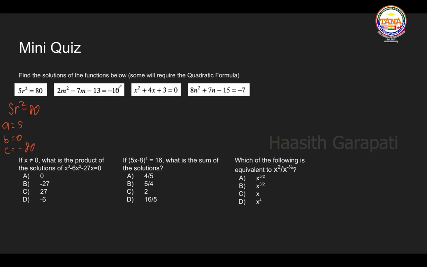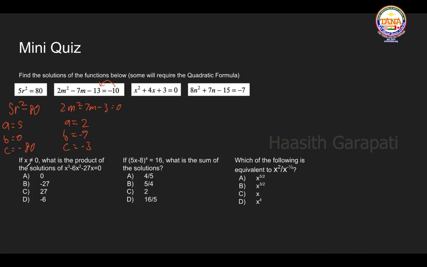For the next one, simply move that 10 over there: 2m squared minus 7m minus 3 is equal to 0, therefore A is equal to 2, B is equal to negative 7, C is equal to negative 3. It's basically the same thing for the third and fourth questions. Honestly, we can just move on to the next ones that are much more interesting.